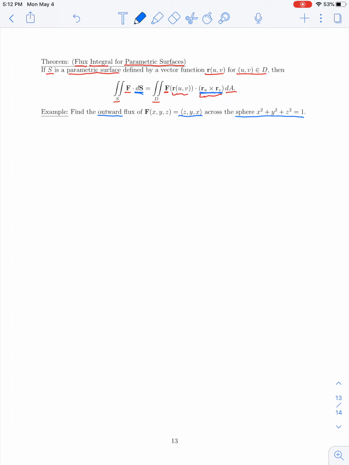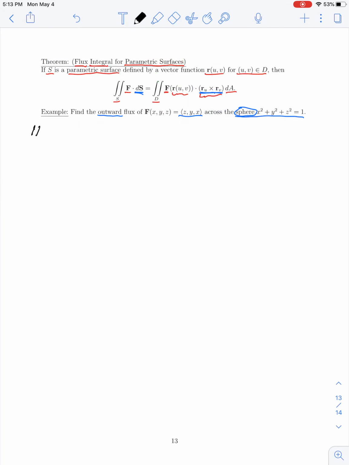So instead, we could look at finding a parametric representation of this sphere and then making use of our new formula for flux in terms of a parametric surface. So in this example, since our surface is a sphere, we might use spherical coordinates to parameterize this.